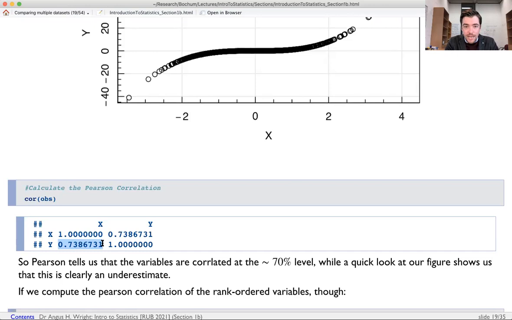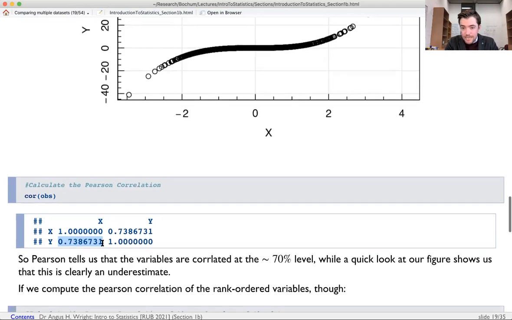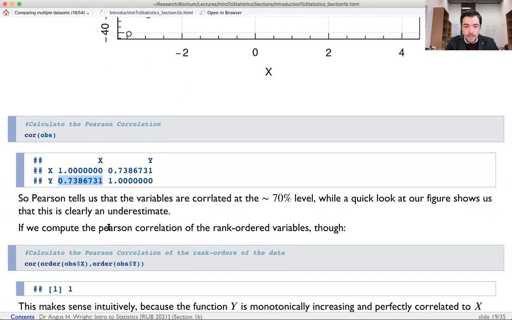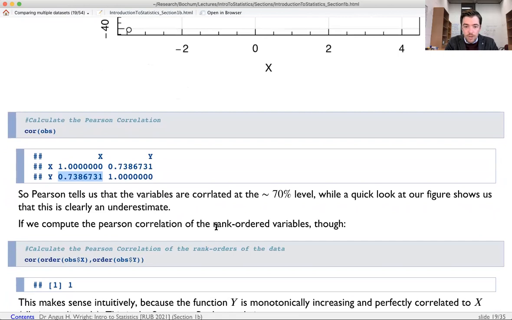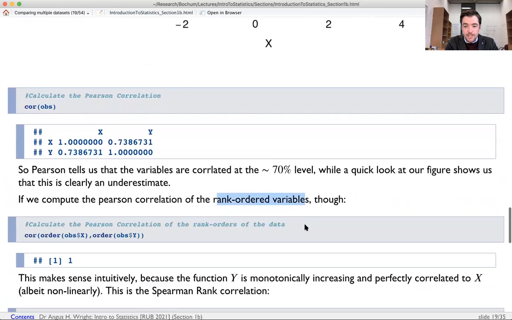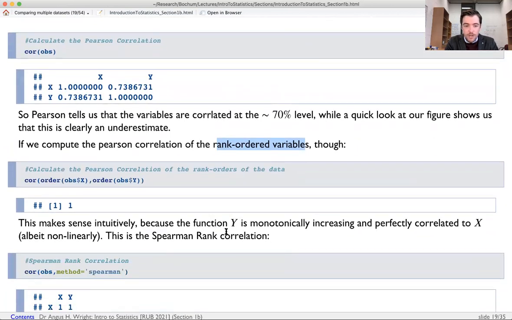The way in which we can get around that susceptibility to nonlinear data is using the rank ordering of the variables, and that is the Spearman rank correlation. So what it does is it takes the X data and it says, I want to know the order in which the variables X fall, and I want to know the order in which the variables Y fall.